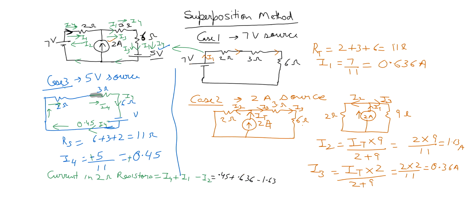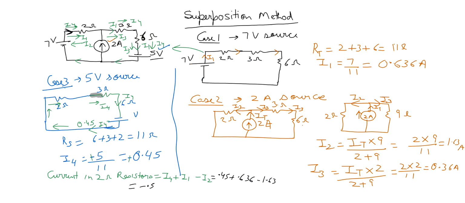So let's do the math here. That gives me 0.45 plus 0.636 minus 1.63, which gives me negative 0.54 ampere.